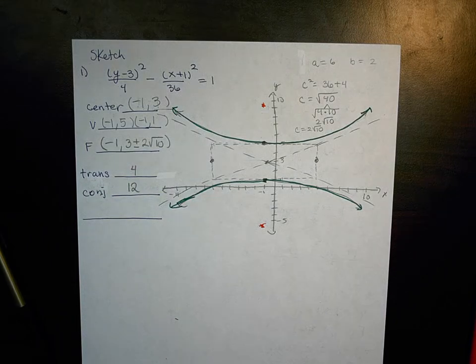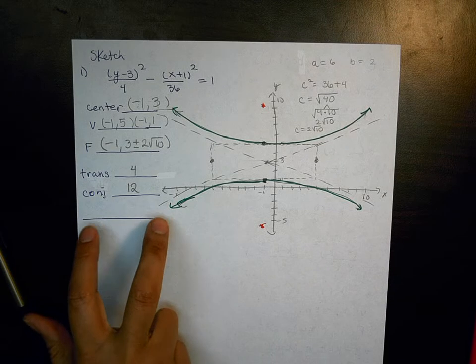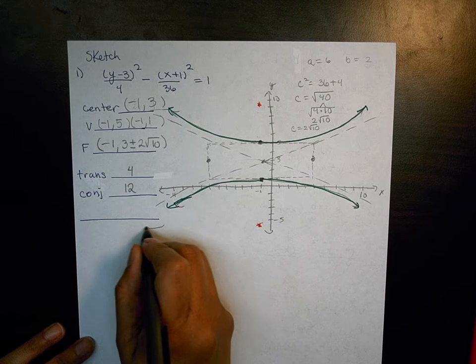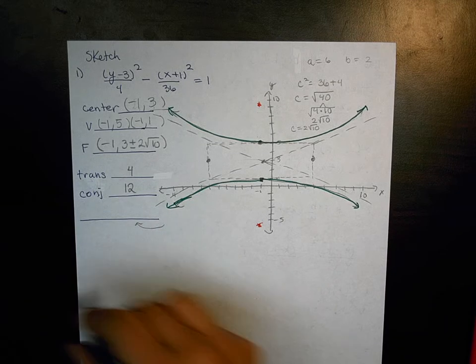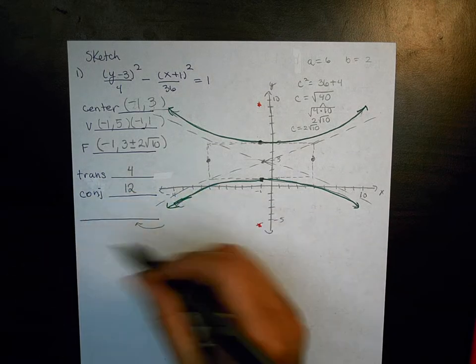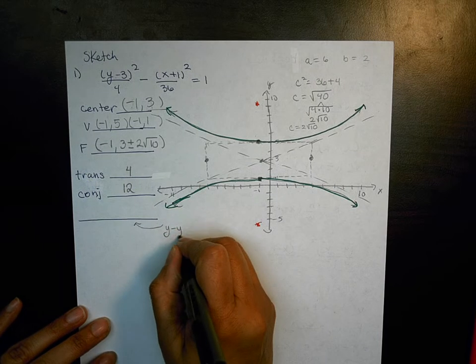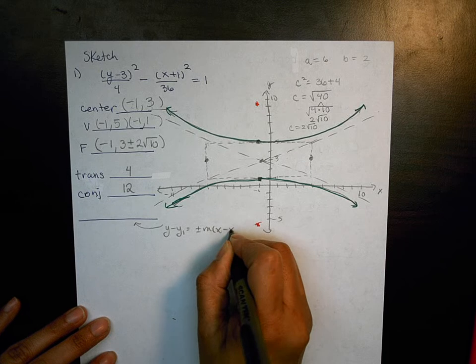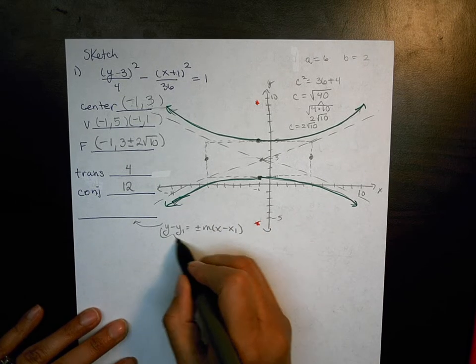All right, equation for my asymptotes. I'm just going to put a little arrow here to let you know. The formula I'm using here is technically this one. Have we used this formula before? Point slope form.